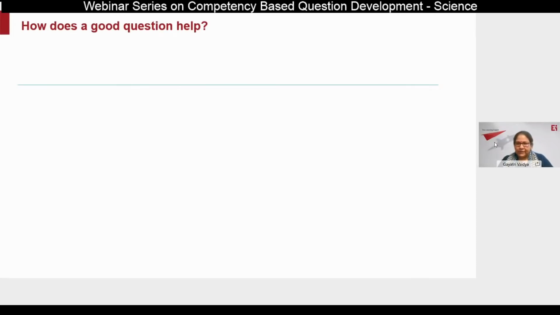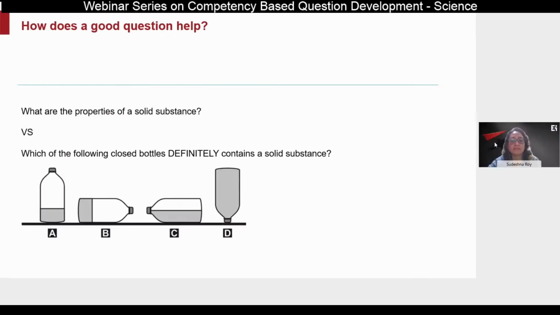Absolutely. Sudeshna, I'll also take a couple more questions along those lines. There is one more set of questions. When I studied in school, maybe the first question was one of my favorites. You've remembered all the properties of solids, you go out and just write them down and you get a full score. Then there is the second question, where remembering the properties of a solid substance will be of very limited help.